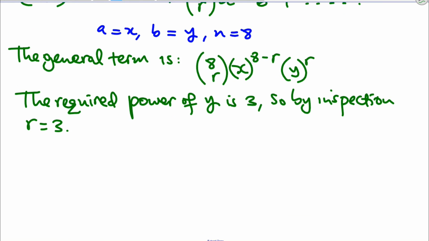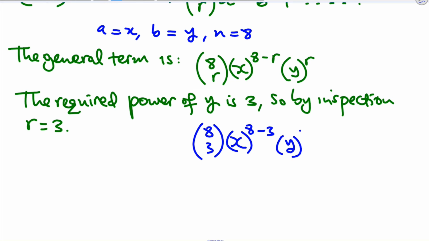So we can plug 3 into the general term, and what we'll have is 8C3 x^(8-3) y^3.